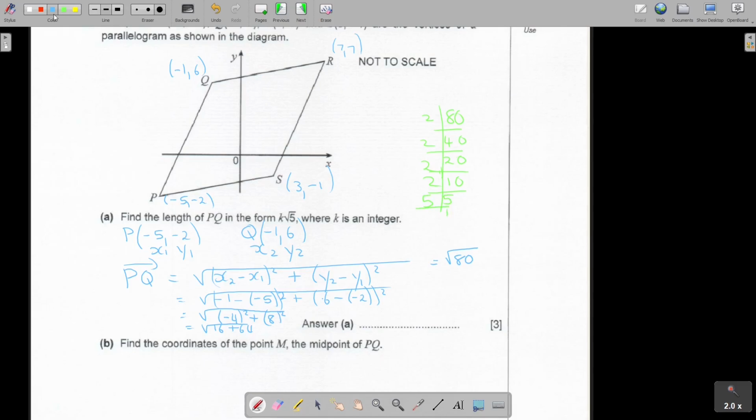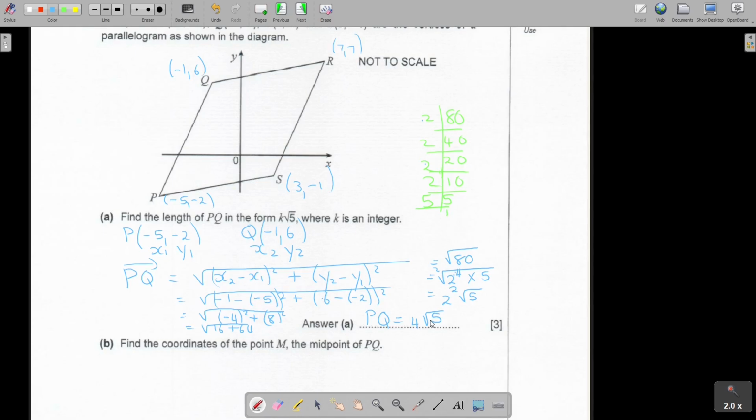Then this is going to be 2 to the power of 4 times 5. So this one can get out by saying 4 divided by 2, so 2, and then you leave the 5. So they want PQ equals 4 square root 5.